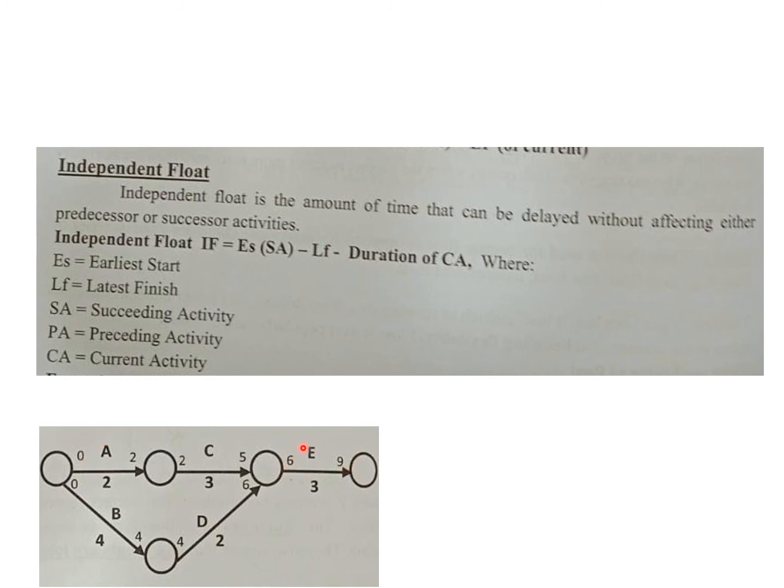That is the independent float. Similarly, the independent float that D would have is the amount of slack or float it has without affecting the timing of B and without affecting the timing of E. That is what independent float is about, which need not be there at all points.